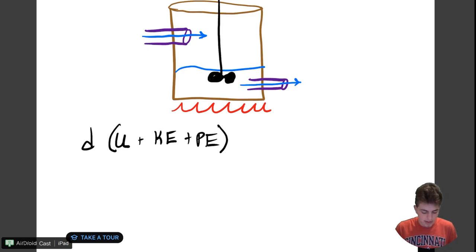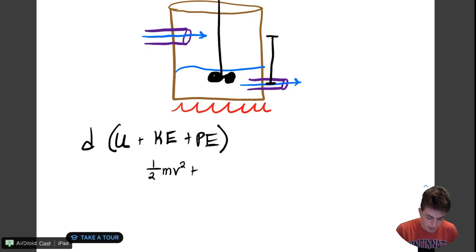So let's figure this out a little bit further here. Kinetic energy, as we know, is going to be 1/2 times mass times velocity squared. Potential energy, at the same time, I'm going to call the difference in height between these two pipes, I'm going to call that Z, and you'll see why I'm not calling that H for height in a second. So this will be mass times our gravitational constant G times Z here.